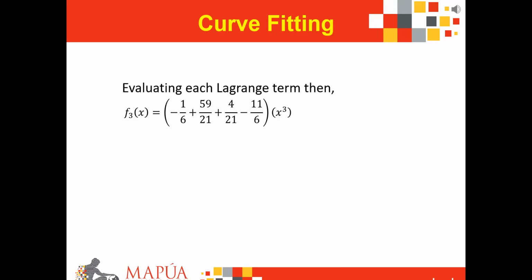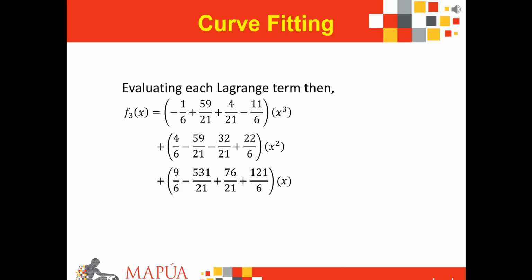When evaluating each of these Lagrange terms, you would end up now with a simplified coefficient for your x cubed to be -1/6 plus 59/21 plus 4/21 minus 11/6, and then multiply to your x cubed. You'd end up with a simplified coefficient for your x squared now to be 4/6 minus 59/21 minus 32/21 plus 22/6 multiplied to x squared.